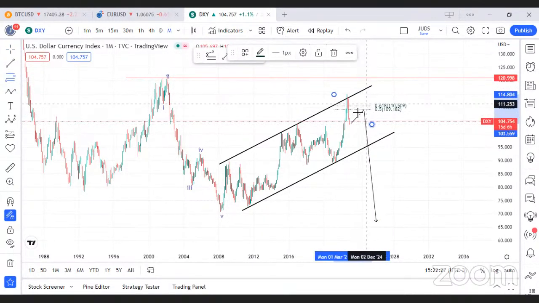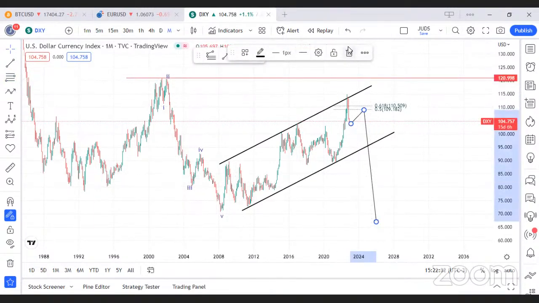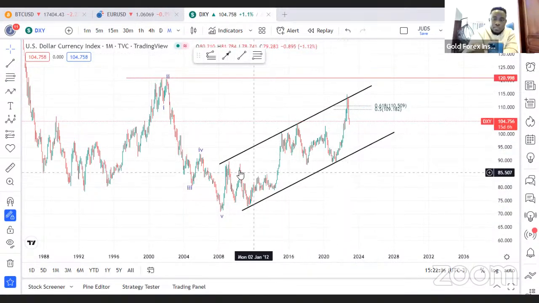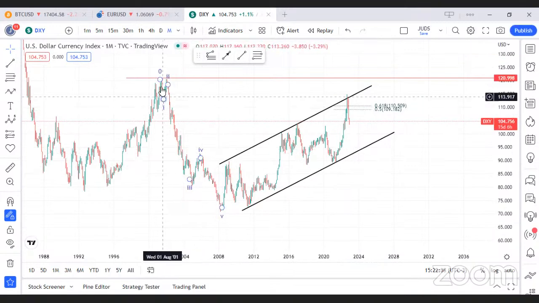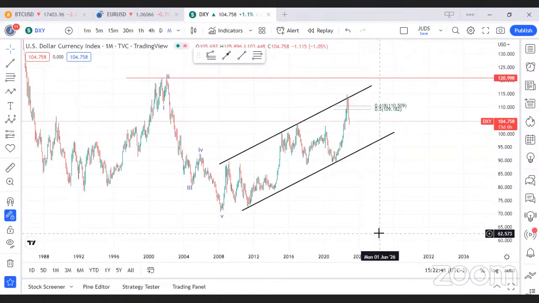We'll see what kind of patterns we'll have over there, because if this is going to be bearish, there's going to be a 5, 3, 5.